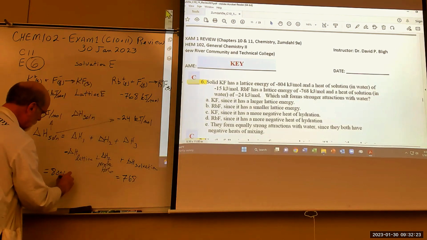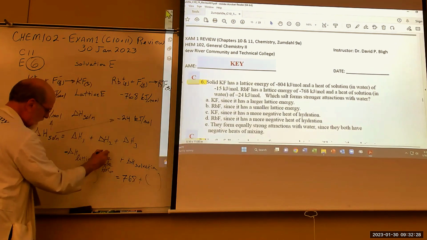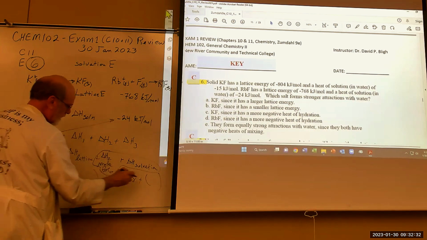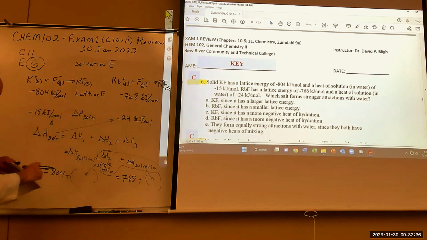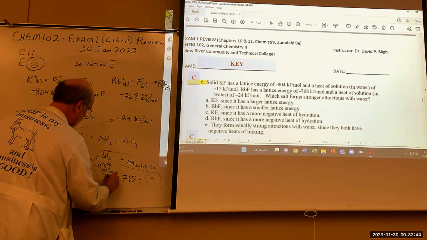And then we have a term in here that is relative to these two right here. So that one would go in there, that one would go in there. Okay, now this one is equal to minus 15. This one is equal to minus 24.